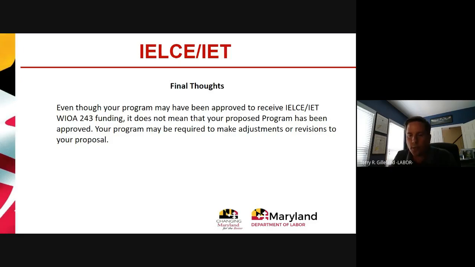When we look at all of the program operations, because of the intricacies involved, not just in the program, but even the separate section of WIOA Title II and the various provisions that are required that are different. We can't commingle funds even at the state level. We get no leadership dollars for IELCE. So I appreciate what the team is able to do with such limited resources to do this at this level.